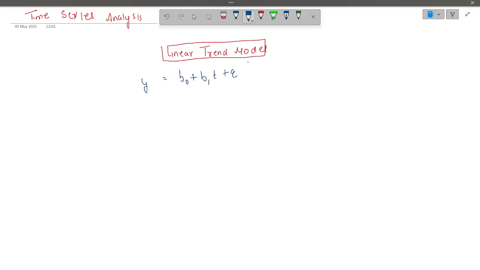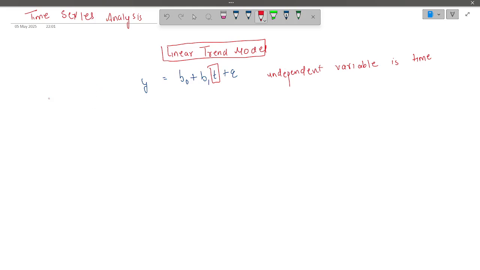So your independent variable is time. Thus the name time series model, right?